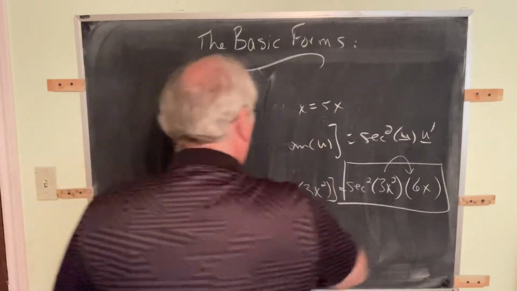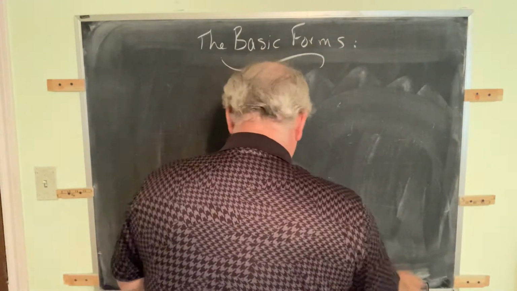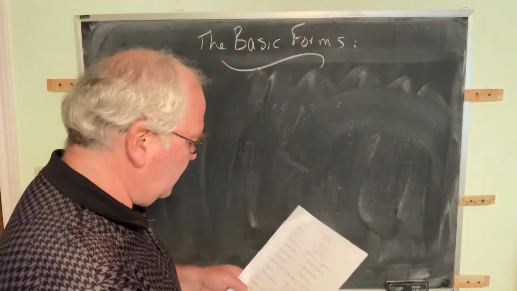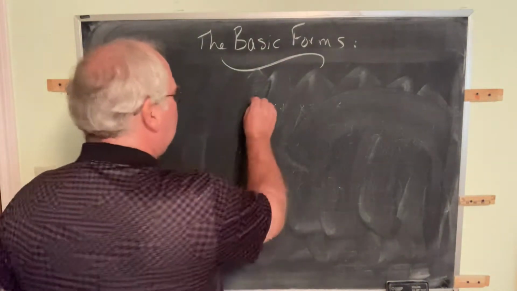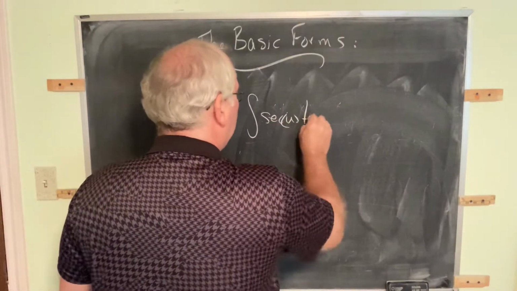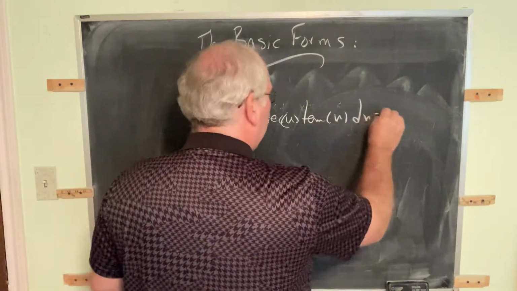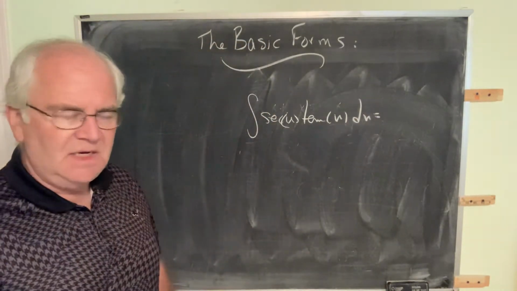Now, the integral forms are also in terms of u. So these are in the u forms, and so you would need to know the antiderivative of secant u tangent of u, du. What's the antiderivative of secant tangent?